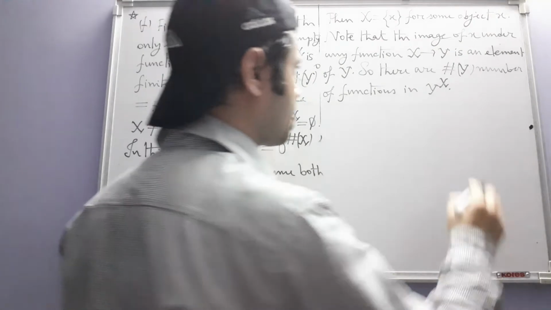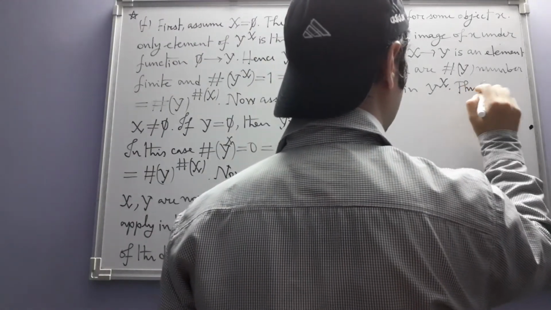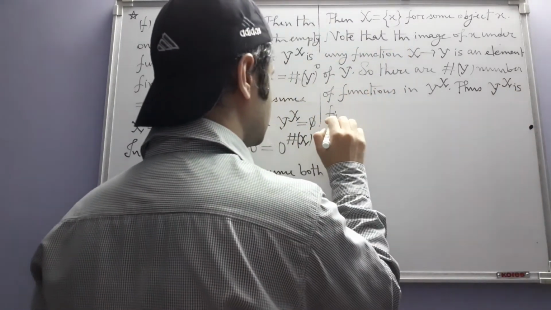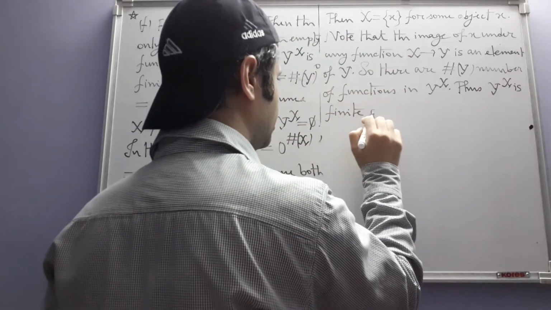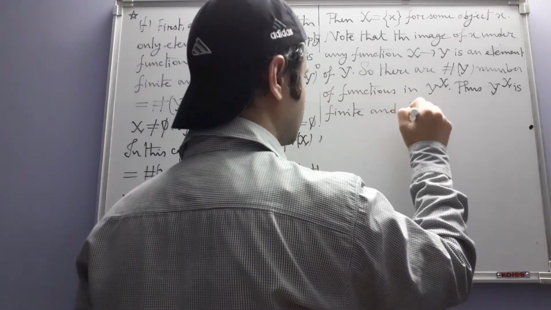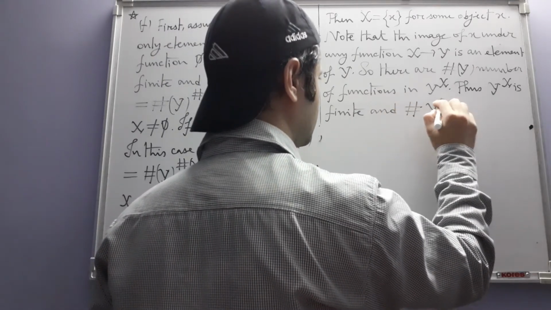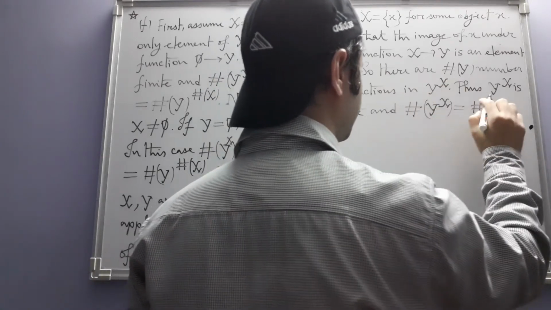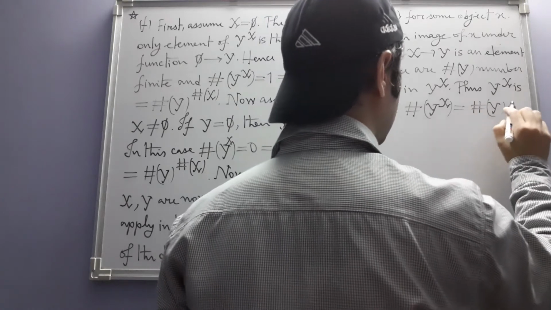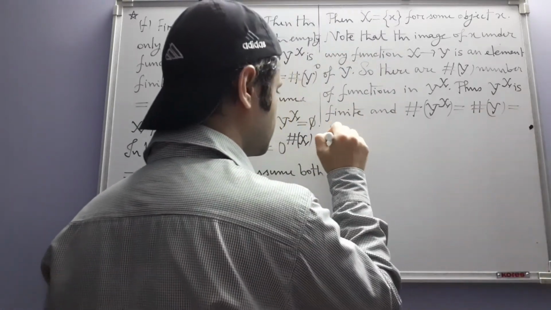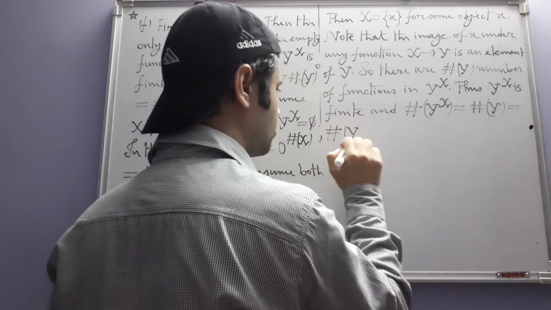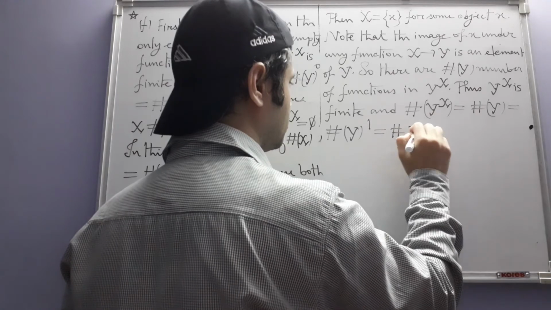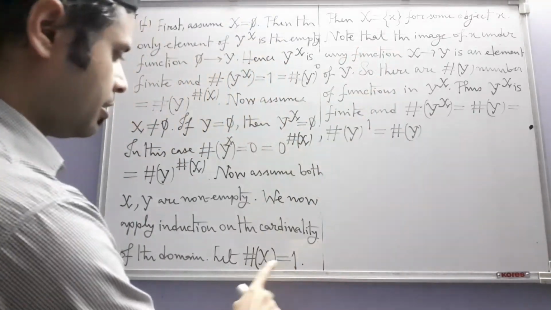Okay, thus this set is finite and its cardinality equals, according to our previous arguments, this, which can be written as cardinality of y to the power 1, and 1 is the cardinality of x.